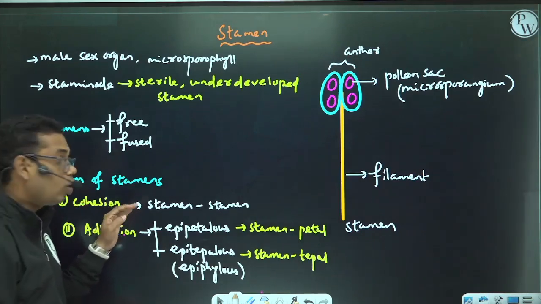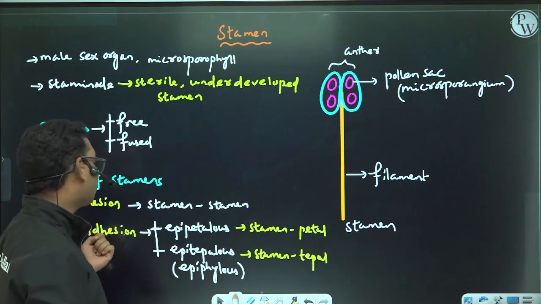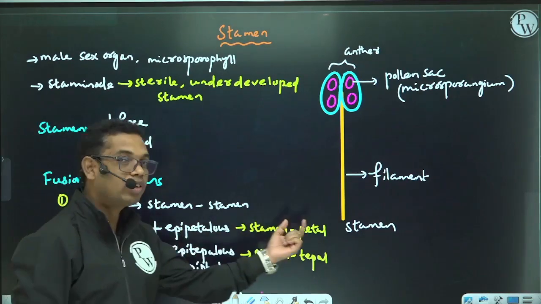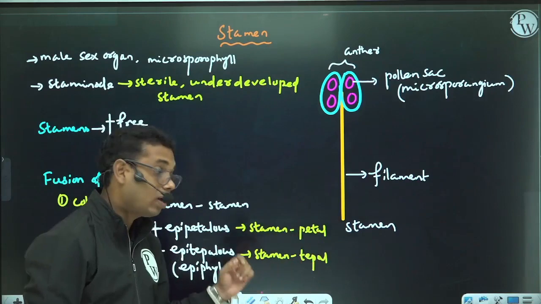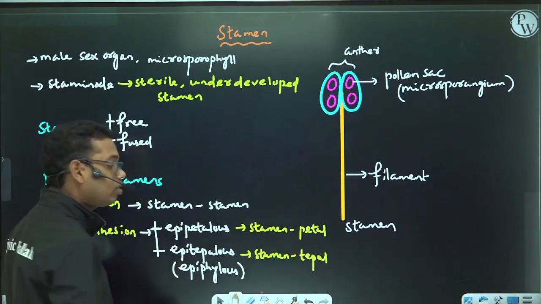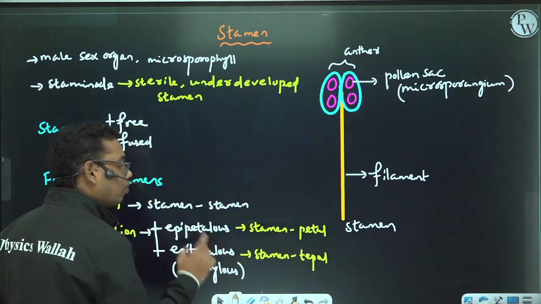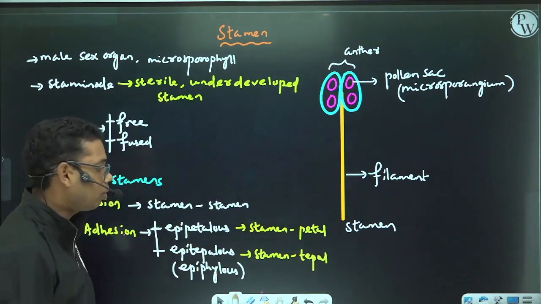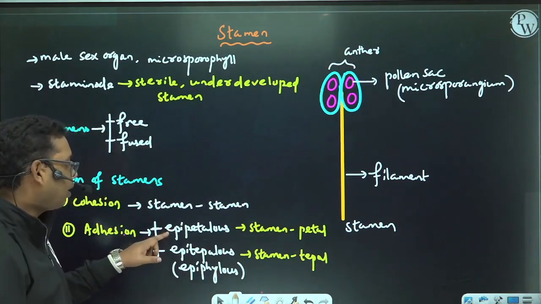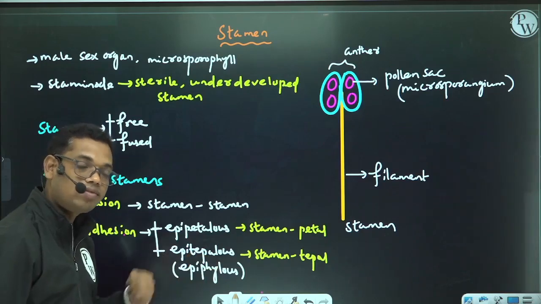In cohesion, one stamen will fuse with other stamens, and in adhesion, the stamen will fuse either with petal or with tepal. If the stamen fuses with petal, that condition is called epipetalous, and if the stamen fuses with tepal, that condition is called epitepalous or epiphyllous. Epipetalous condition is observed in Solanaceae. Epitepalous condition is observed in the Liliaceae family.